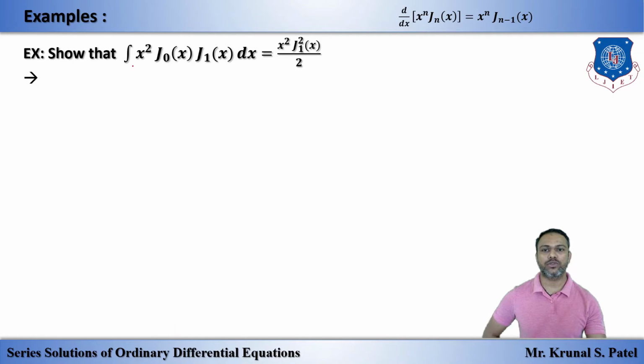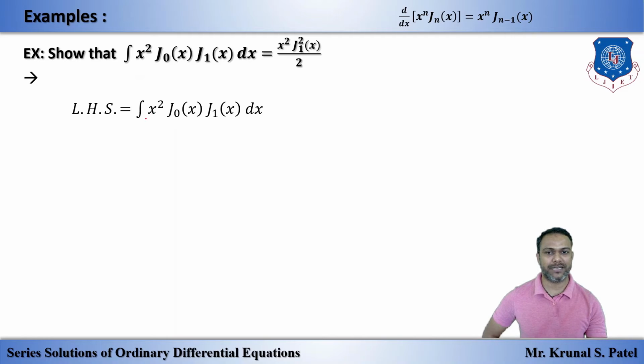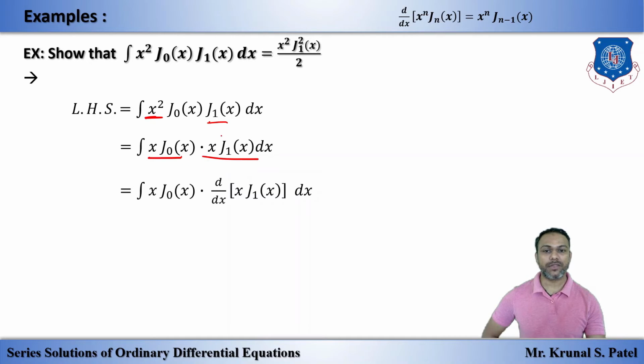Here we'll start with the left hand side. We can split this x square, so x with this and x with this. Now we have the formula that we already know. We can write this as d by dx of this. Why can we write this as d by dx?